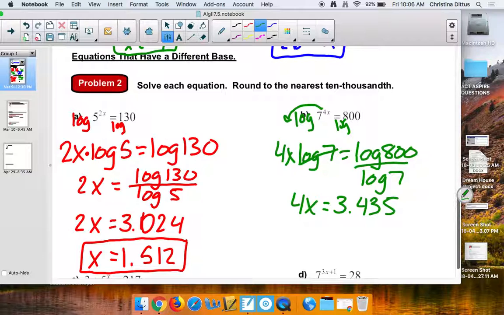Okay, so here we want to round kind of big. So try to take like 3 decimal spots. Last thing, divide by 4, and I get 0.859.